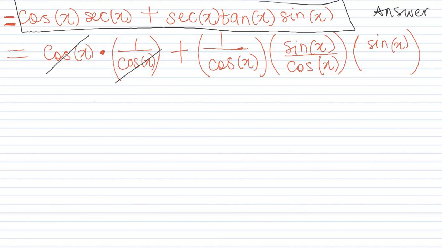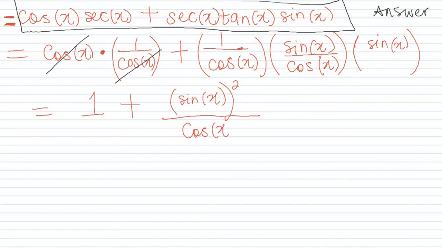So our answer becomes 1 plus sine x multiplied by sine x, which is the same thing as sine x squared, divided by cosine x multiplied by cosine x, which is the same thing as cosine x all squared.